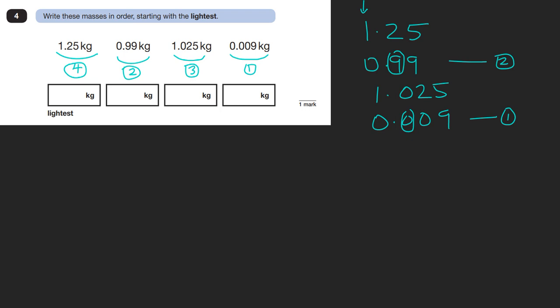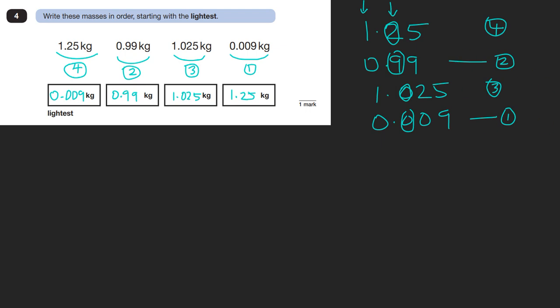Then compare the other two. 1 and 1 are common, so you go to the second digit. 2 is heavier than 0. So this is the third one and this is the fourth one. That's how to find out. So let me write the answer. This is 0.009, and the next one 0.99, and the next one 1.025, and the next one 1.25, right? That is the answer for question number 4.